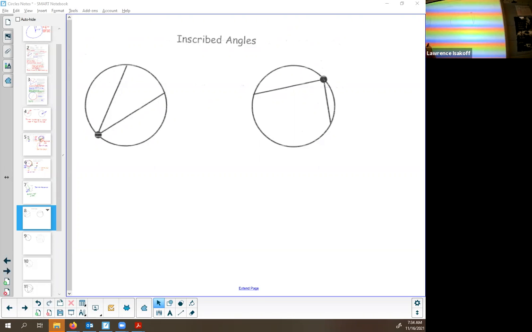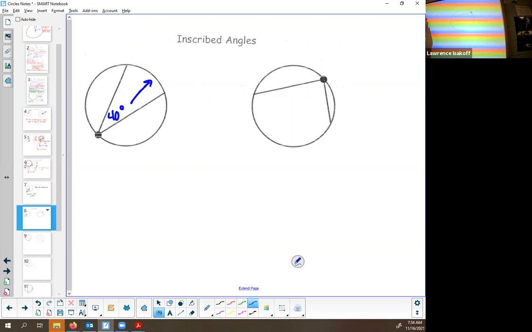So let's start if I know the angle. Let's say we know this was 40 degrees. If I'm going to the arc, I want to double it to get 80 degrees.